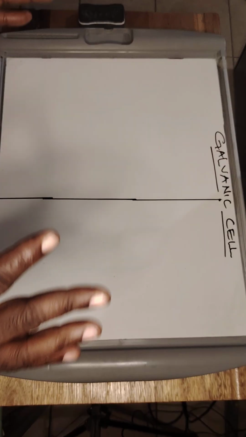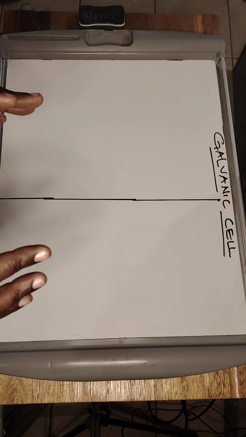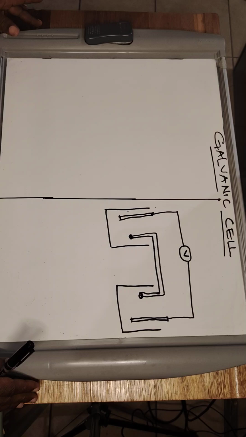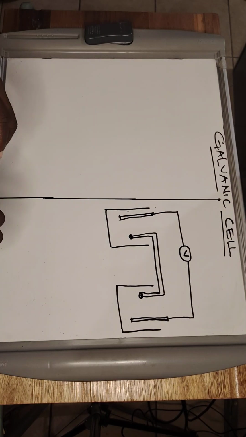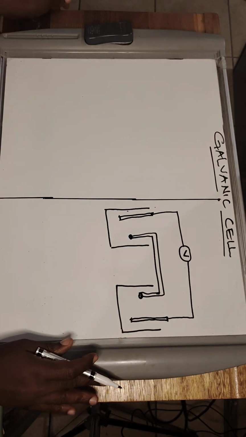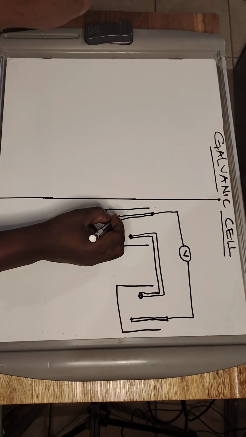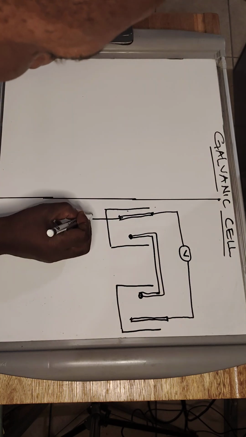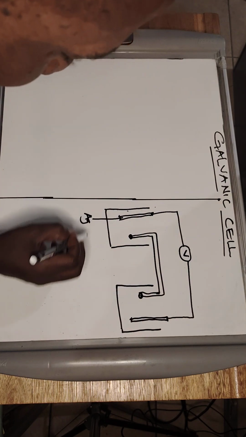So now, where are we going to start from? Let us start from the setup. How is the setup of this cell? This is generally the layout of the galvanic cell. Let's suppose this is the cell under consideration, and suppose this electrode here is a silver electrode.